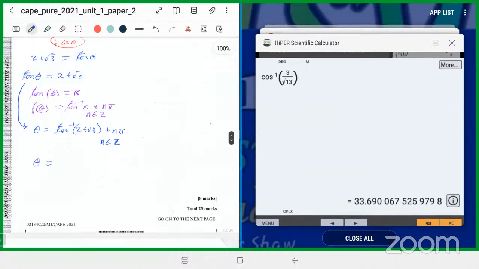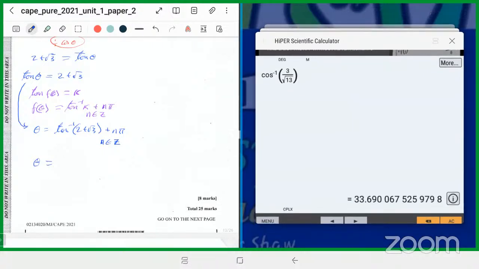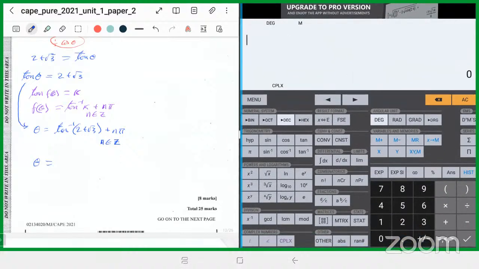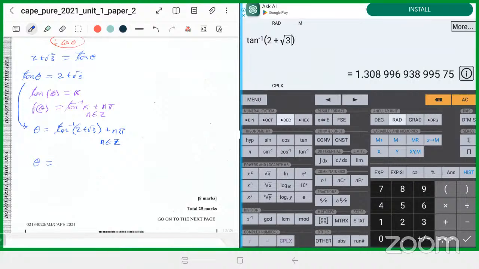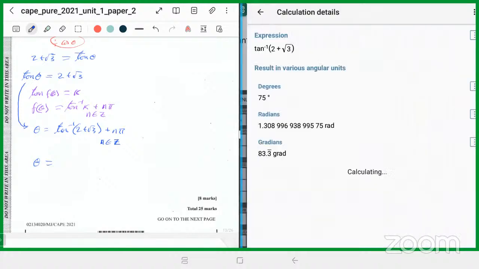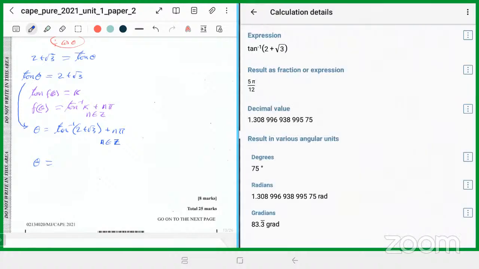And I want to look at doing it another way, because more maths equals better maths every time. So I'm going to get tan to the -1, put the calculator in radians, of 2 plus root 3, and I get that in radians. Let me see if we can get that in terms of pi. See there, voila. 5 pi by 12, beautiful.